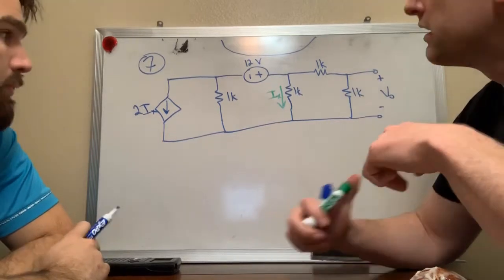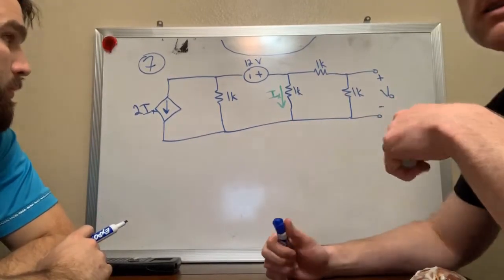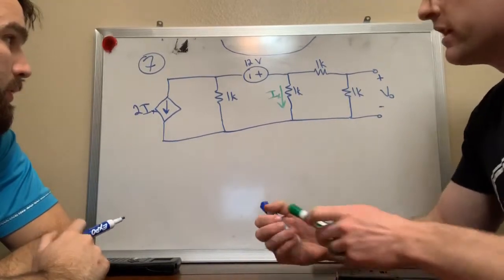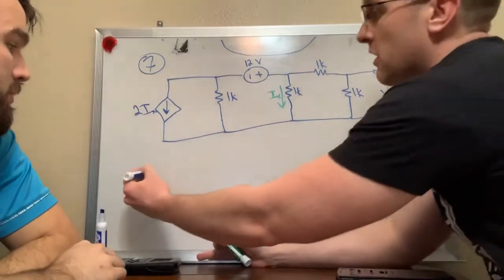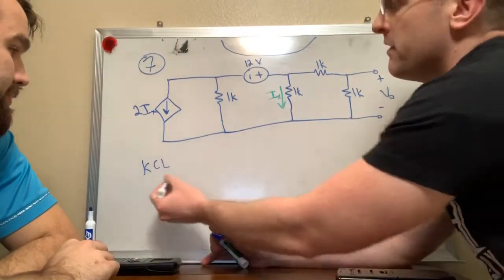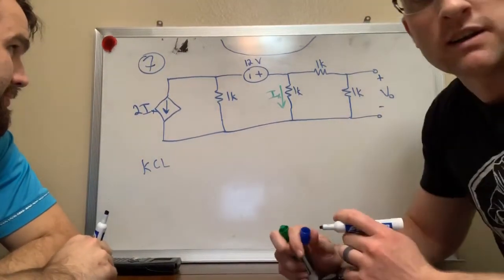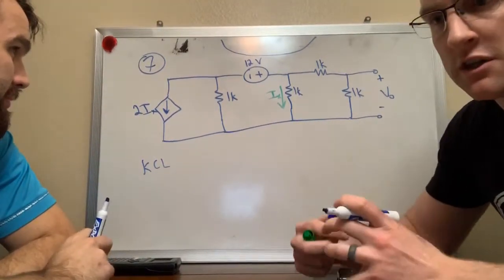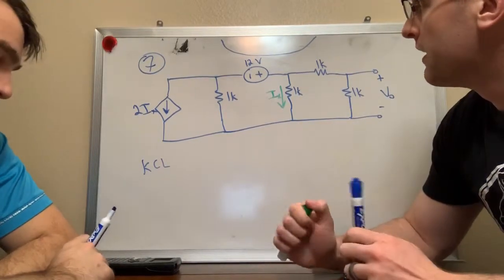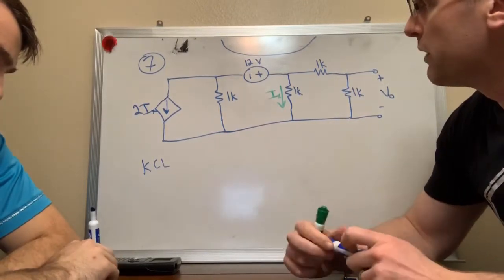Okay, so using node analysis or nodal analysis, the law that you employ is Kirchhoff's current law. Kirchhoff's current law says that the sum of all the currents at any junction in a circuit equals 0, right? So the step-by-step node analysis that you would take is you identify what your nodes are.